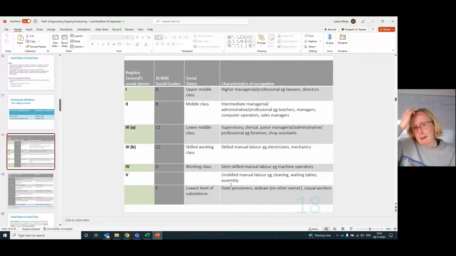So the working class, the two old-fashioned systems, they still agree on the working class. That's the kind of semi-skilled. And then it's slightly different. The bottom division is classed as 5 on the Register General, and that includes unskilled manual labor.